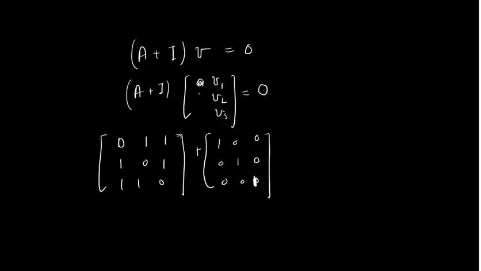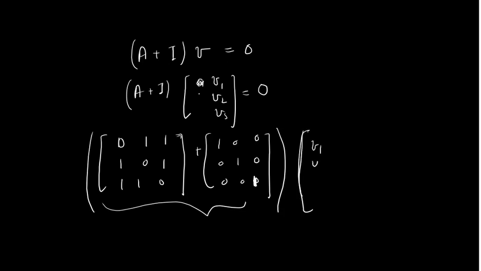A plus I would be this, and you multiply it with the vector v1, v2, v3, which is equal to 0. There is only one vector v, and its elements are v1, v2, v3.